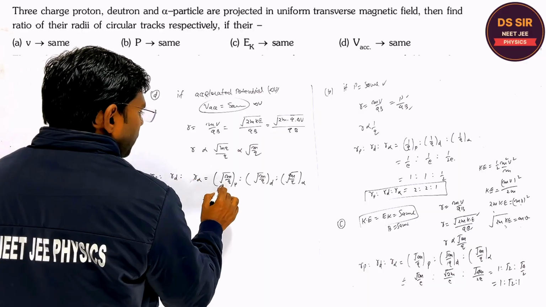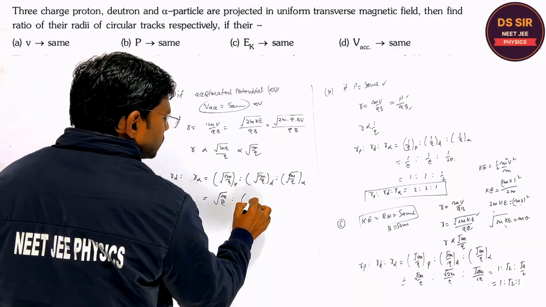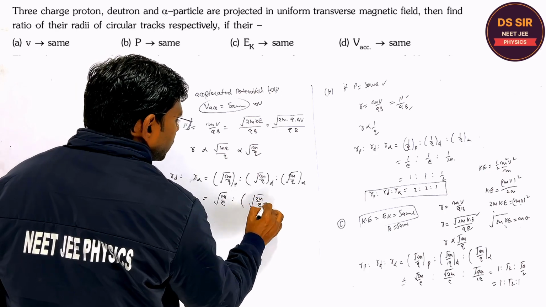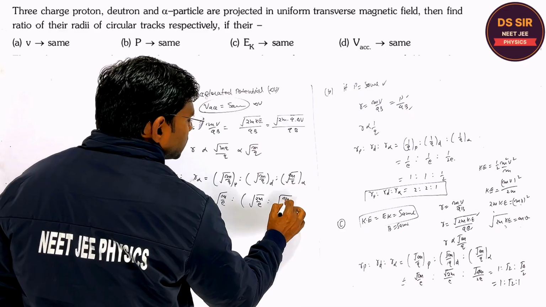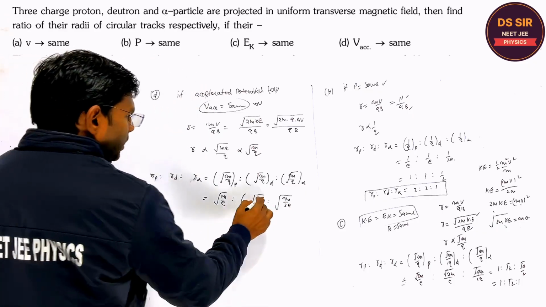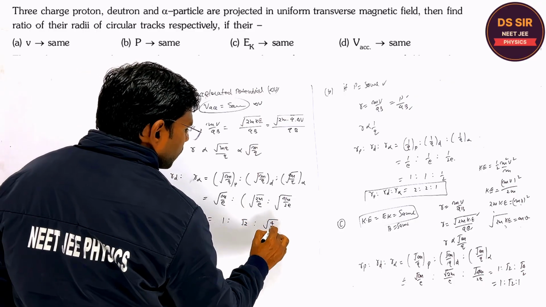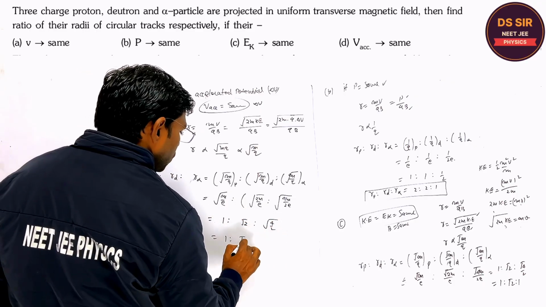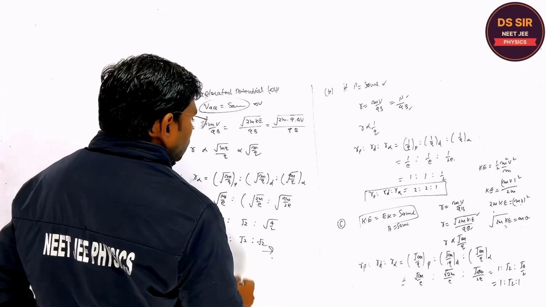So the mass of the proton is m, of the deuteron 2m, of the alpha particle 4m upon 2e. So it is 1 : √2 : √2. This is the answer, right? Copy this.